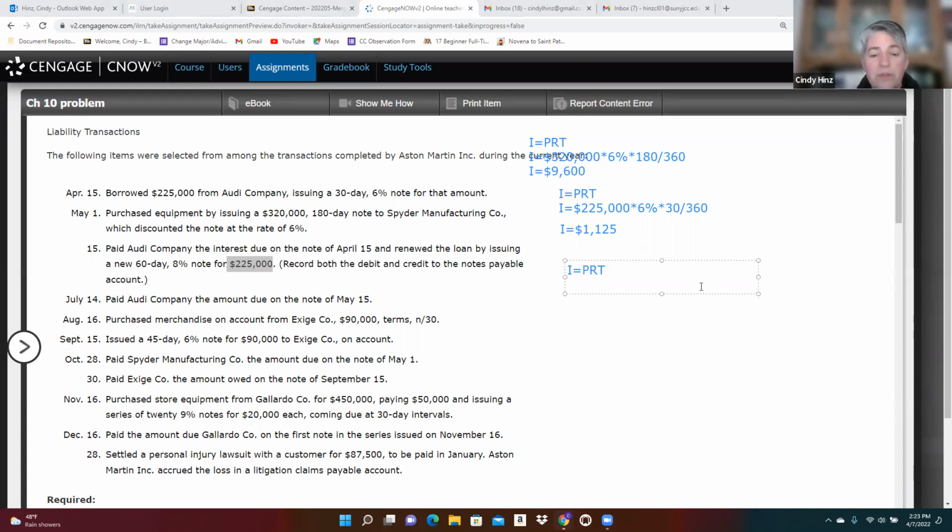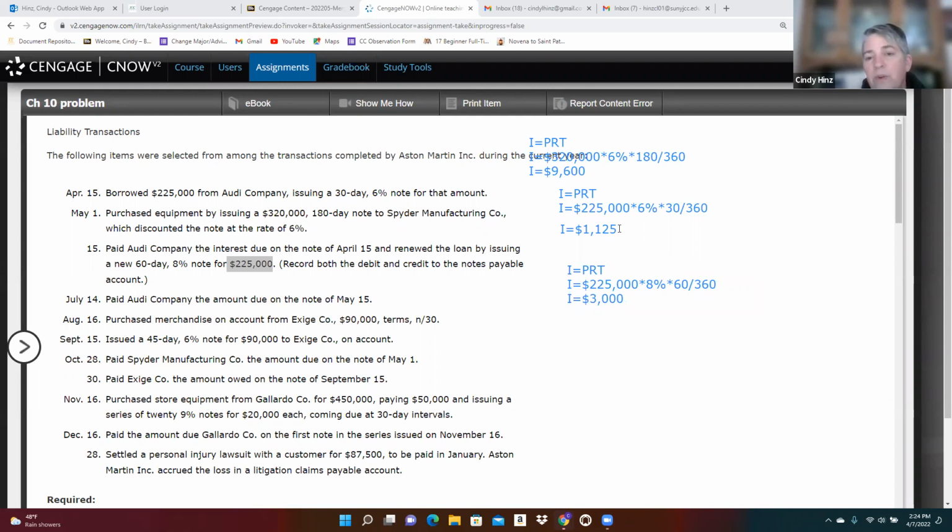So simple interest formula again, principal still the same. Remember when we renewed this note, the interest rate went up to 8% and now it's 60 days. And the interest is $3,000 now.